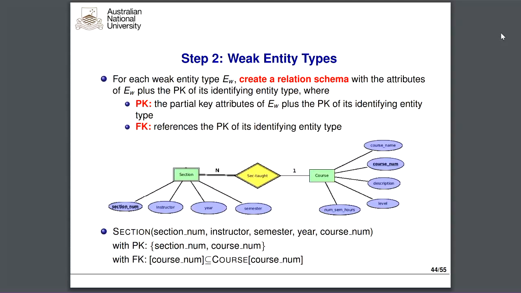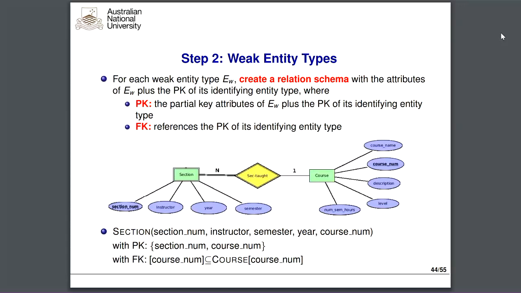Step 2, weak entity types, like these boxes, right? This section is a weak entity type. So for a weak entity type, create a relation schema with the attributes plus the primary key identifying the entity type.